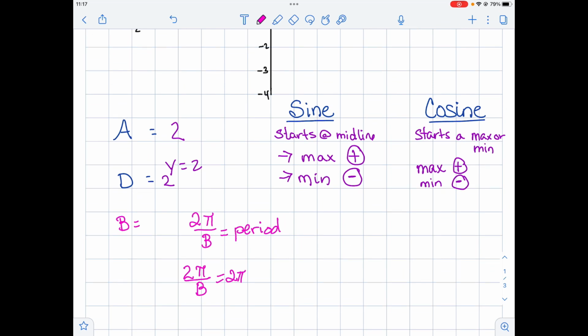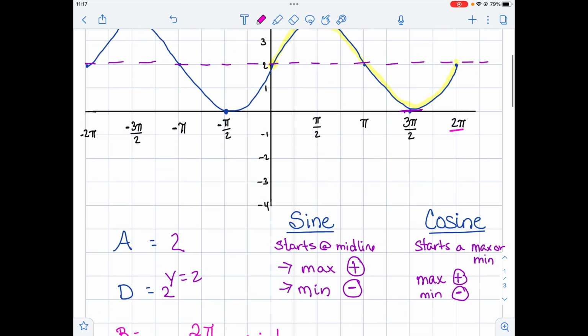If we multiply both sides by B, that cancels out. We have 2 pi equals 2 pi B, and then divide by 2 pi on both sides. That is just 1. So B is 1.